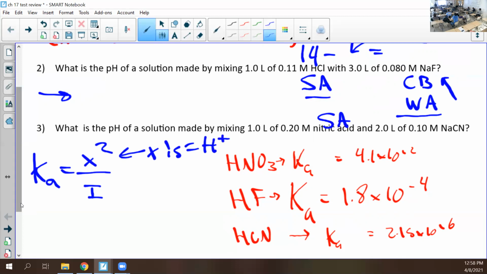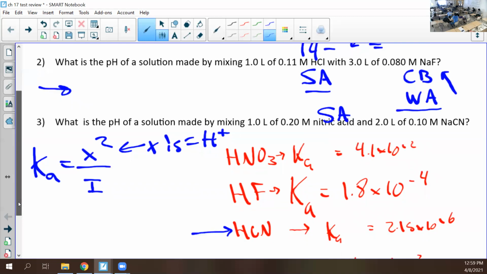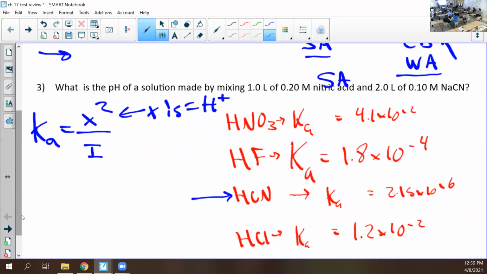If you do the math and all it does is make weak acid, then to find the pH, you have Ka for HCN. Most kids that get this wrong tomorrow use the Ka for this, but that's not the acid made. That's the acid put in to make the real acid.